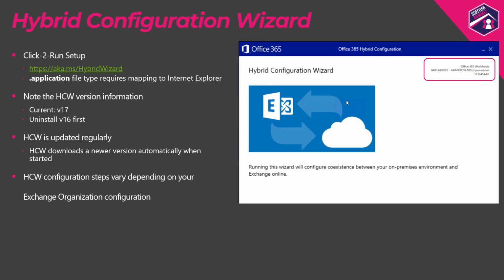The steps that I show to you in the following slides might vary from the hybrid configuration UI that you might see, because depending on your Exchange organization, the hybrid configuration wizard steps vary slightly, especially when you're still using Exchange Server 2010.